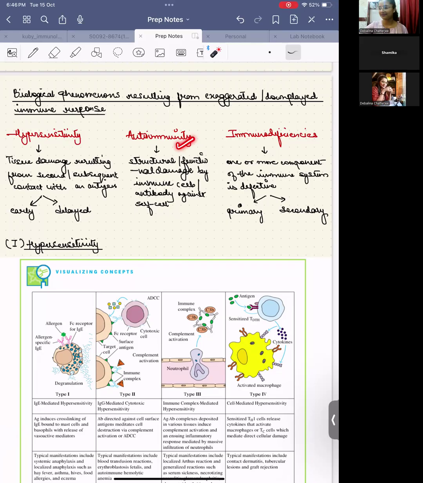Shamika, are you with me? Ma'am, am I audible? Yes. Ma'am, can you recall from where we acquired the concept of tolerance in our body?